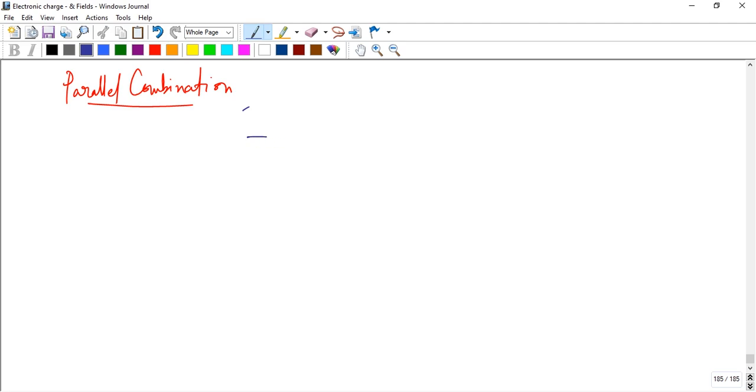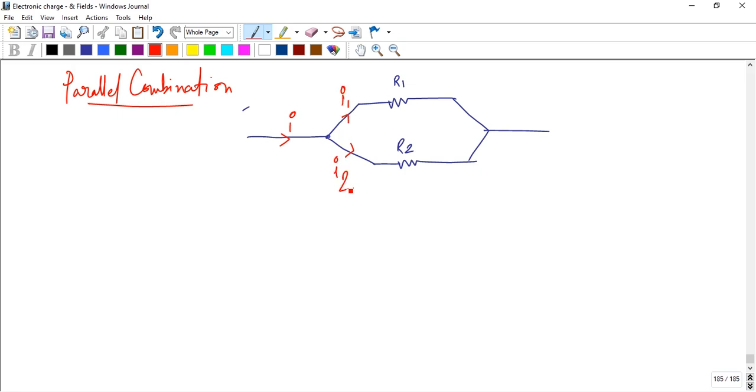In the basic parallel circuit of resistors, we have resistances R1 and R2, the current passing through is I, and the two branches carry I1 and I2.